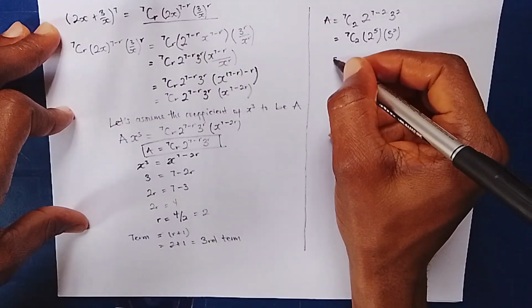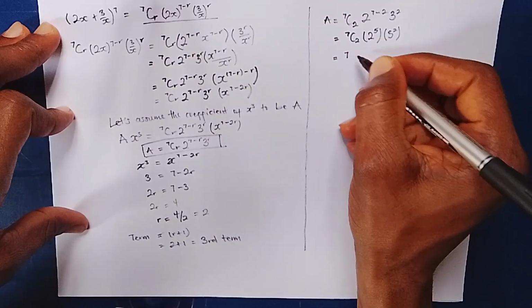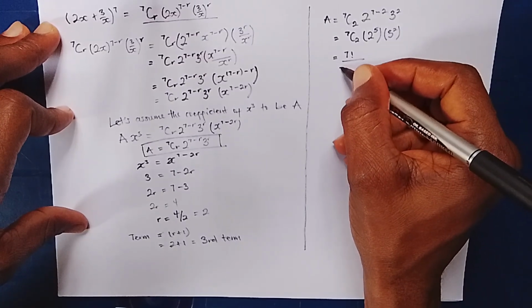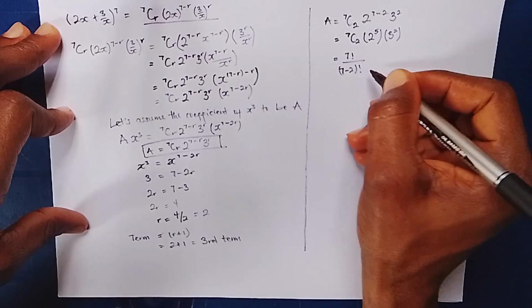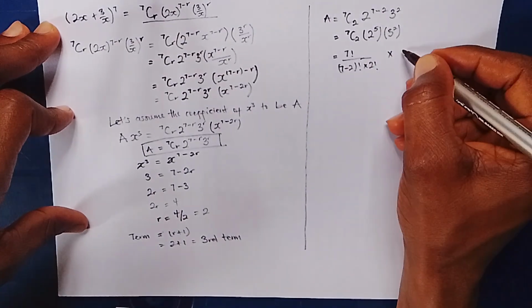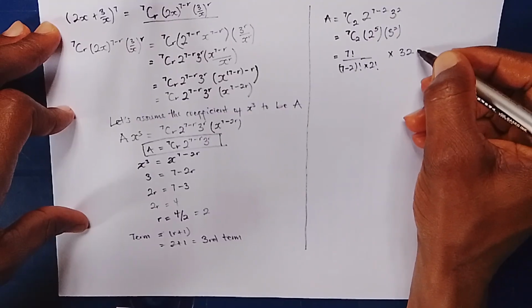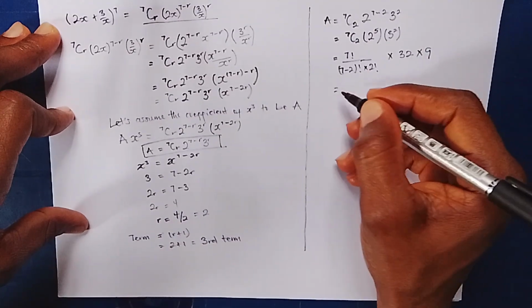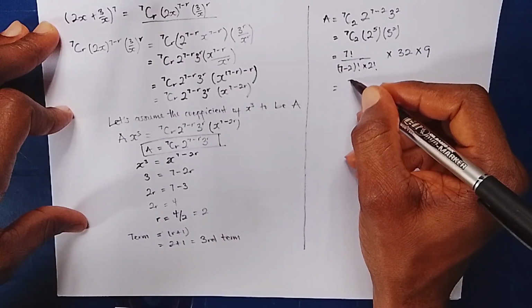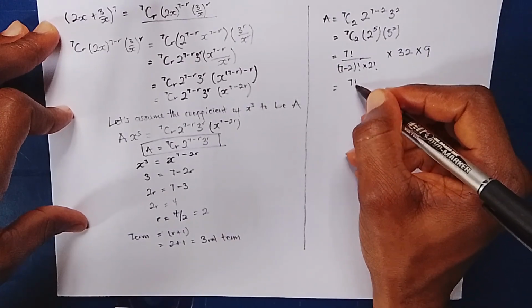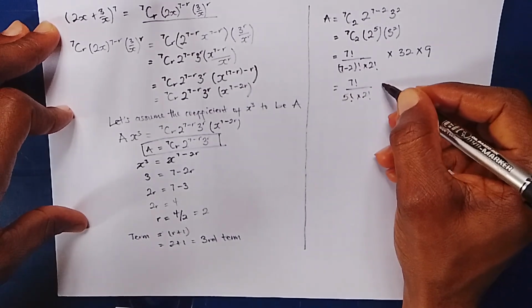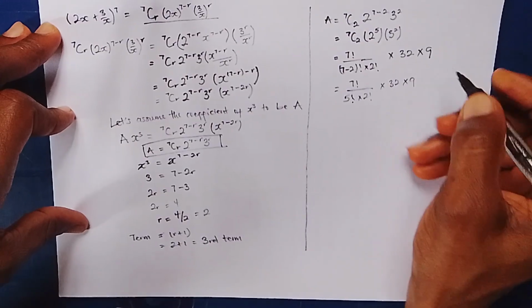So this becomes 7C2, which is 7 factorial over 7 minus 2 factorial times 2 factorial, times 2 raised to power 5 is 32, and 3 raised to power 2 is 9. This is equal to 7 factorial over 5 factorial times 2 factorial, times 32 times 9.